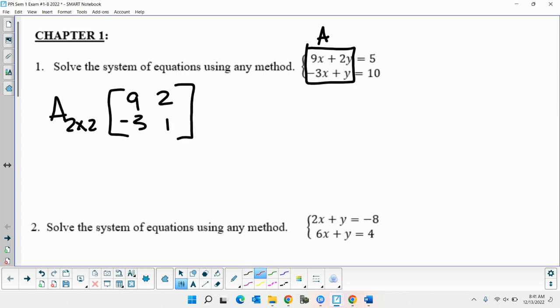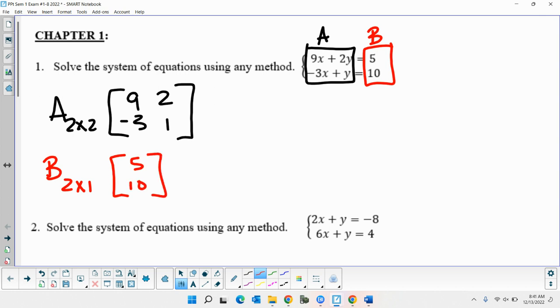Then you got a B matrix, which is this one, which is a 2 by 1. 2 rows, 1 column. And then when you put it in your calculator, you got to put A inverse B. And then it'll give you the two answers. Okay, remember you need an X value answer and a Y value answer that works for both.